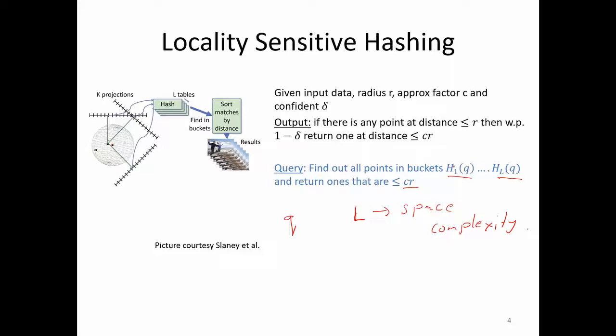So this is number one, and as we discussed, the maximum space is something like n times L. And L, we know, it is sufficient to choose as n to the power rho, where rho is a number less than 1. So you basically have space complexity of n to the power 1 plus rho.